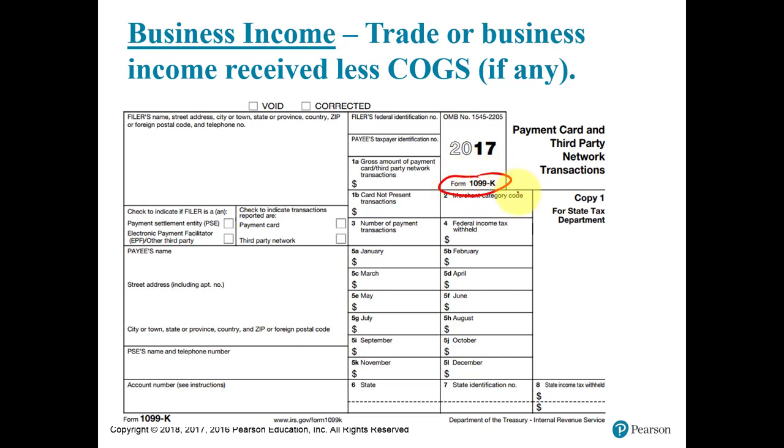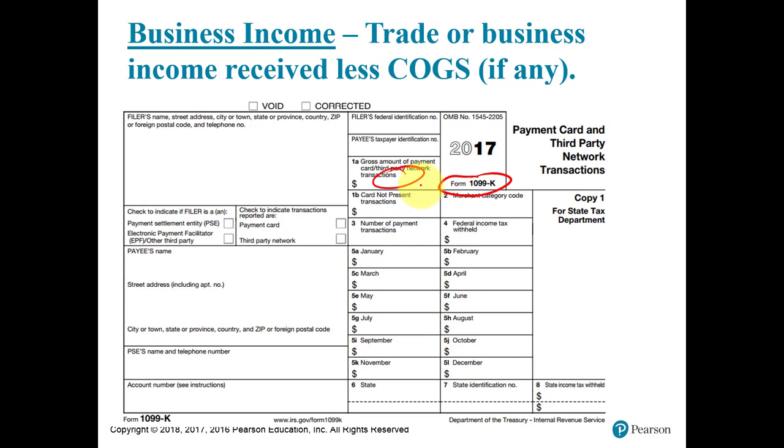People that drive for Uber, possibly Airbnb rental, that process fees through credit card companies, maybe eBay, their income is reported here. And the IRS now has a record of that, has to be reported on their tax return.